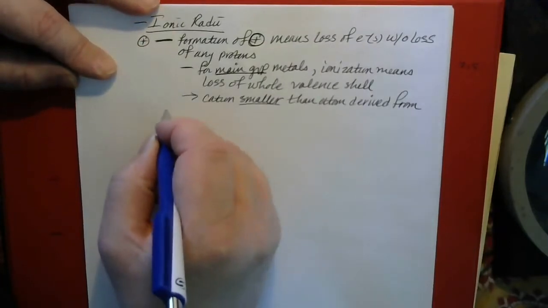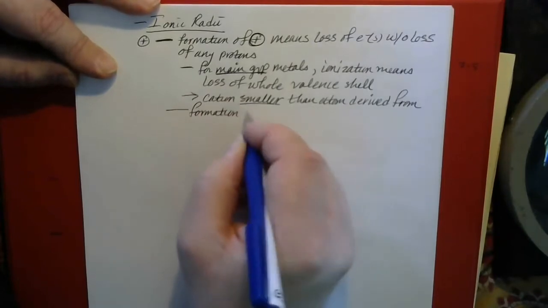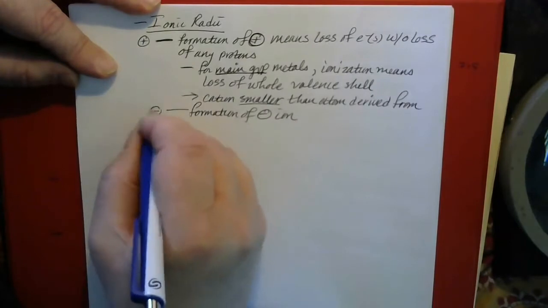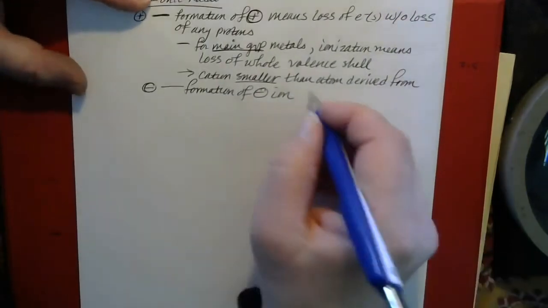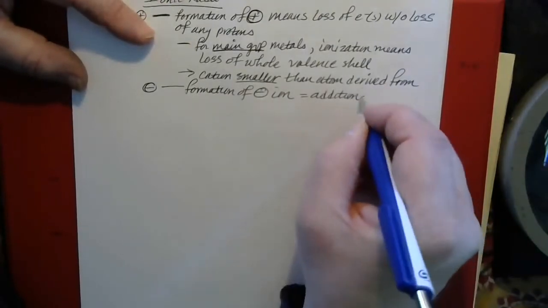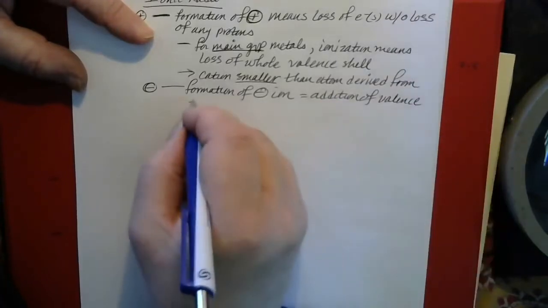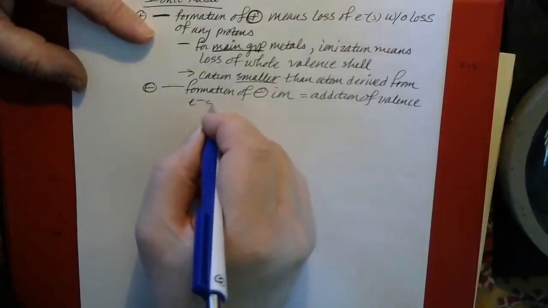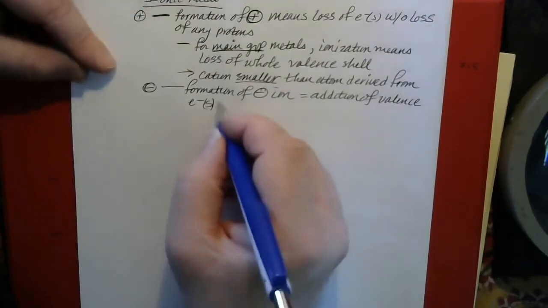So, formation of an anion is done by addition of valence electron or electrons to fill the shell.